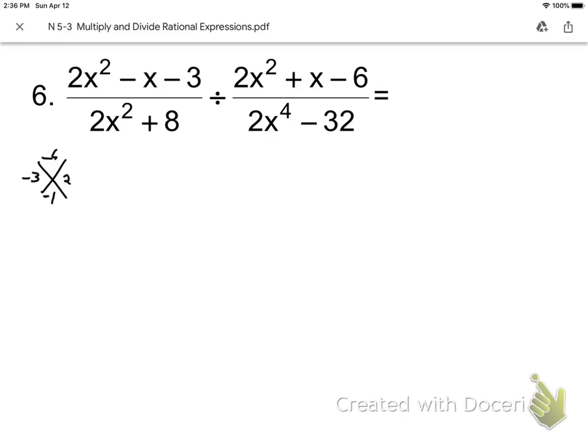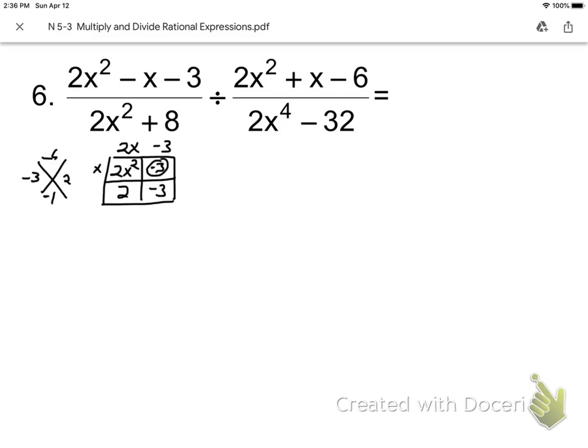If you want to do the box method instead of the grouping, I'll just throw that in there for an example. You have 2x squared, you have negative 3, and then you're going to put a negative 3 here and a positive 2 here. Okay, so the way to get 2x squared is x times 2x. And then if I put a negative 3 out here, negative 3 times x is negative 3x.